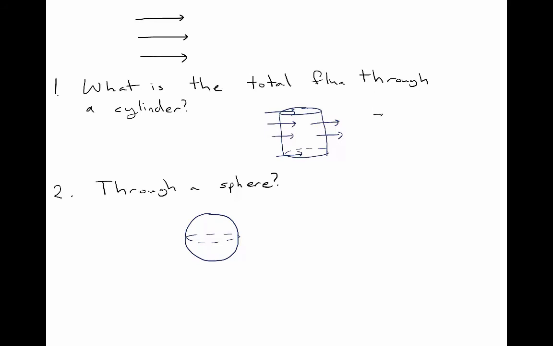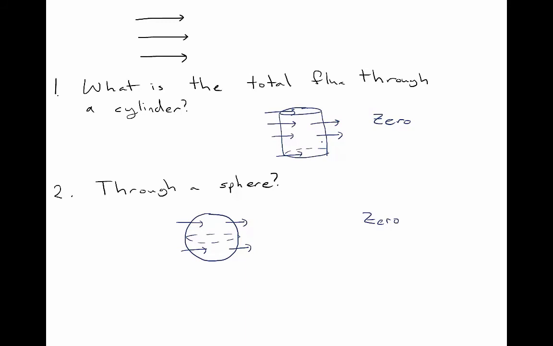So the total flux through a cylinder is zero. We have the same thing happening in the sphere. For every arrow that goes in, there's an arrow that goes out. So we still get zero. All right, and this is the sort of thing you would see if you had a parallel plate capacitor and you're looking at the electric field between the two plates.